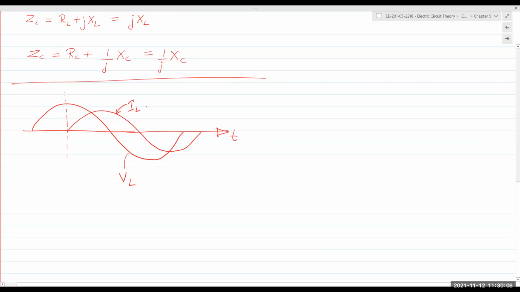And the difference is 90 degrees. The difference is 90 degrees. So again, the voltage and current for an inductor have a phase difference of 90 degrees.